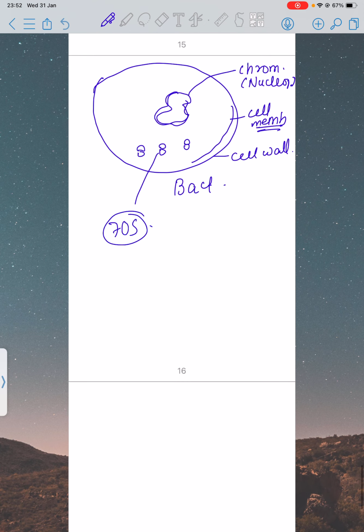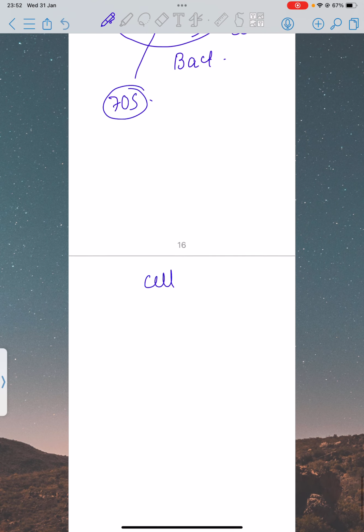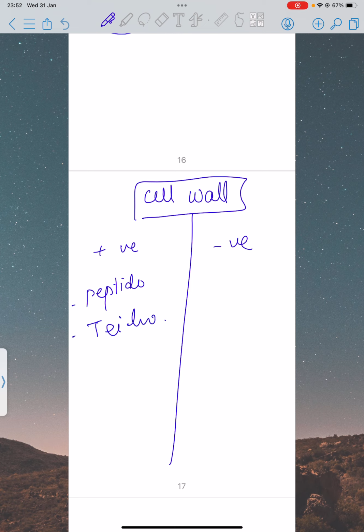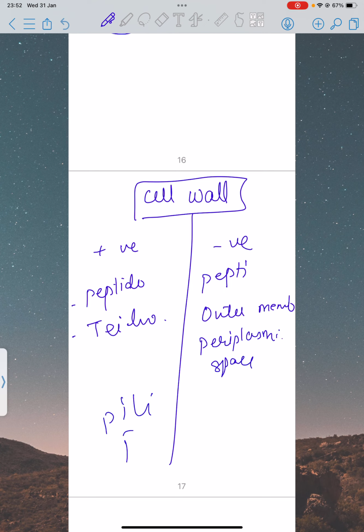Now diving deep into the cell wall again, gram positive basically had peptidoglycan layer and teichoic acid, whereas gram negative had peptidoglycan, outer membrane, periplasmic space, and pili, flagella in both the cases.